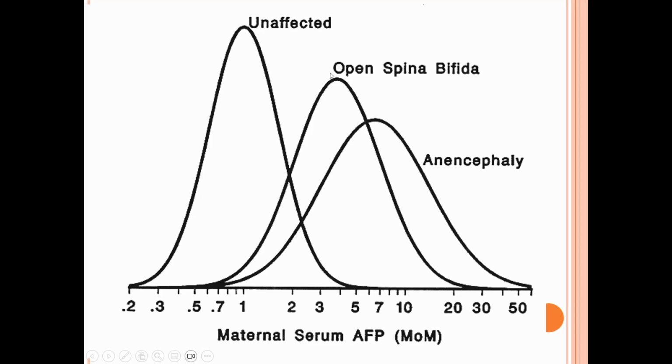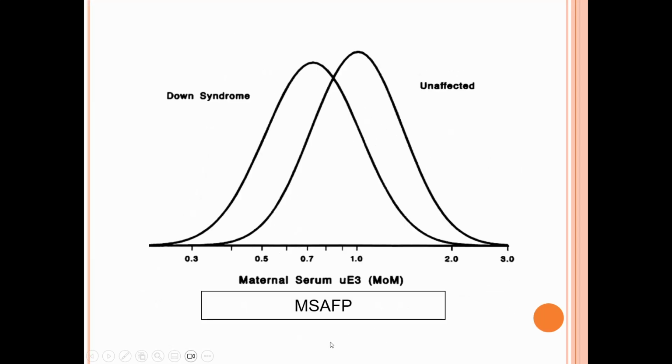In open spina bifida, level will be still lesser, and in anencephaly there will be still lesser level of the maternal serum AFP. In case of Down syndrome, also the MS AFP level will be less, and also the serum estriol level will be less.